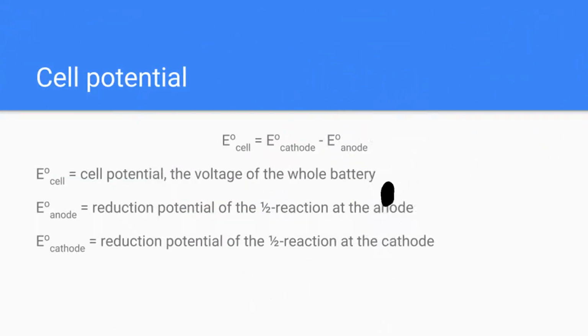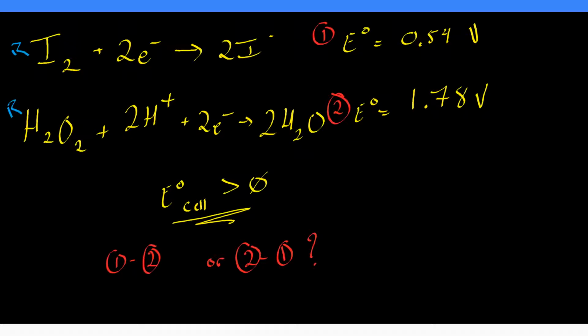Okay? And we hop back to the previous slide, and what we see is that E standard of the cell is equal to E of the cathode minus the potential of the anode. So, now coming back to our reactants, which is it going to be? Which one's going to be the cathode? Which one is going to be the anode?